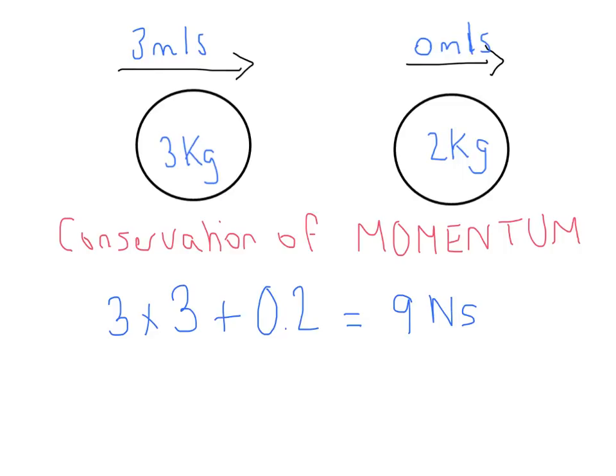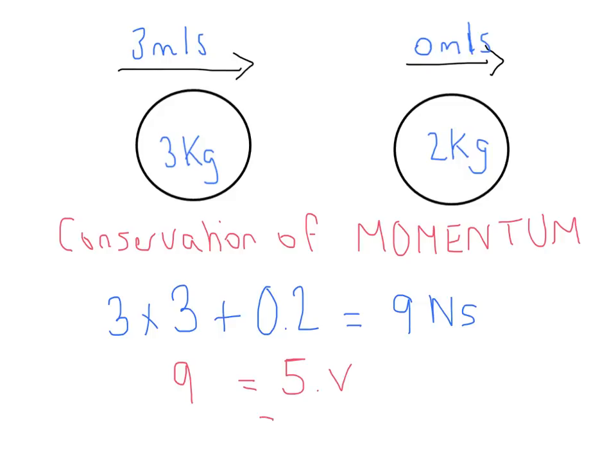But for this case, we're going to assume that they do. So if we assume they stick together, then the total mass would be 5. So what you know is that the momentum, which we calculated must be 9, is equal to the total mass, which would be 5, times whatever the velocity is.